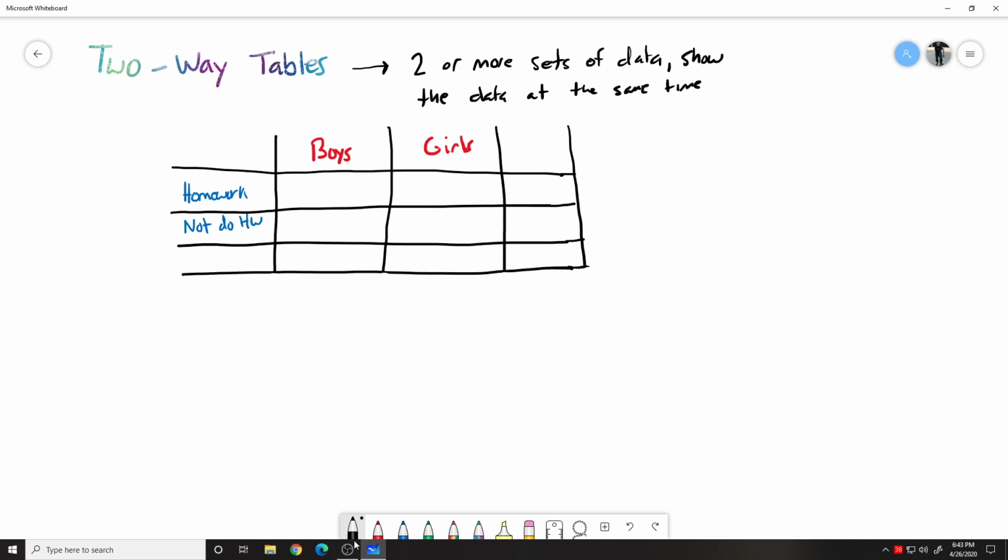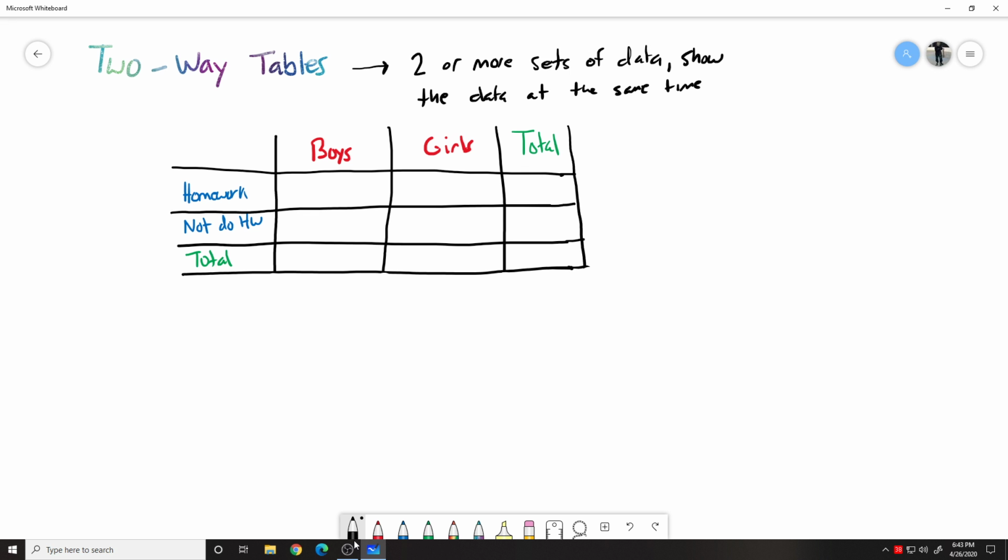So what we're going to do is have a total column, or row. We're going to have a total row and a total column. You'll see why in a minute. So we asked some boys, did you do your homework?